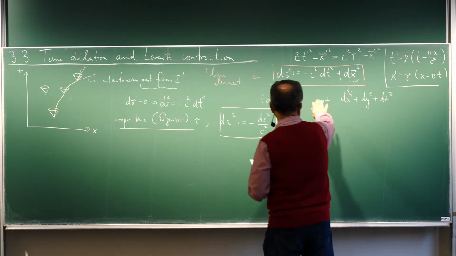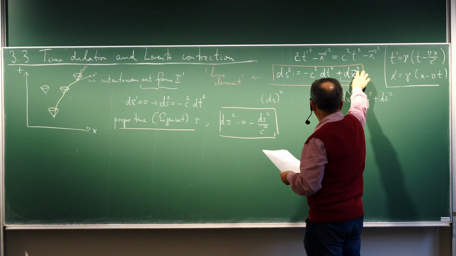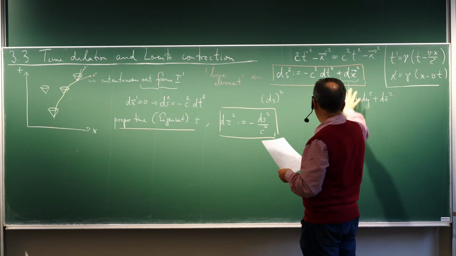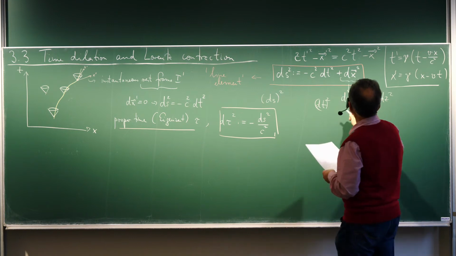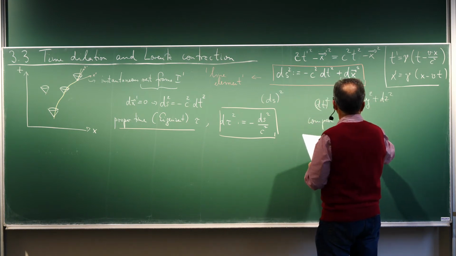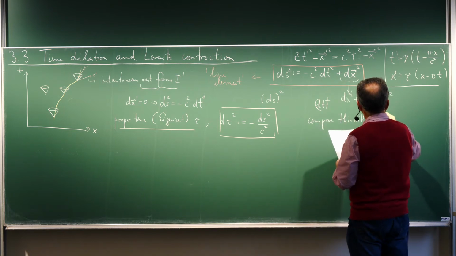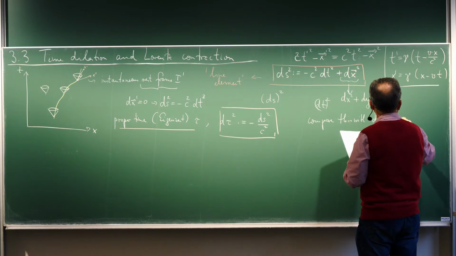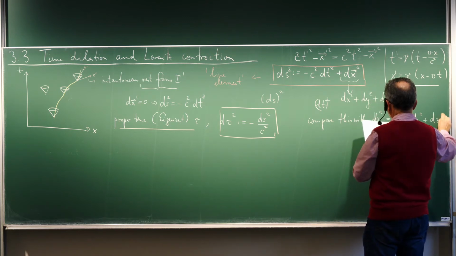We have here minus c squared dt squared plus dx vector squared. So you can compare this, as I already mentioned, with the Pythagorean line element. Let me call it d sigma squared, which is dx squared plus dy squared plus dz squared.